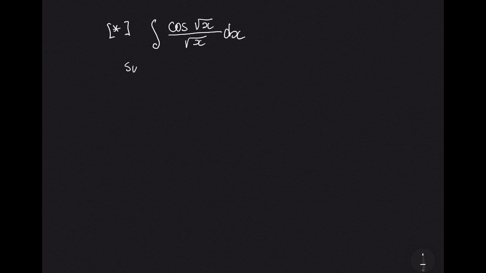Okay, so let us look at a few more examples. Suppose we compute the integral of cosine of square root of x over square root of x dx. It seems like we need to do a substitution.